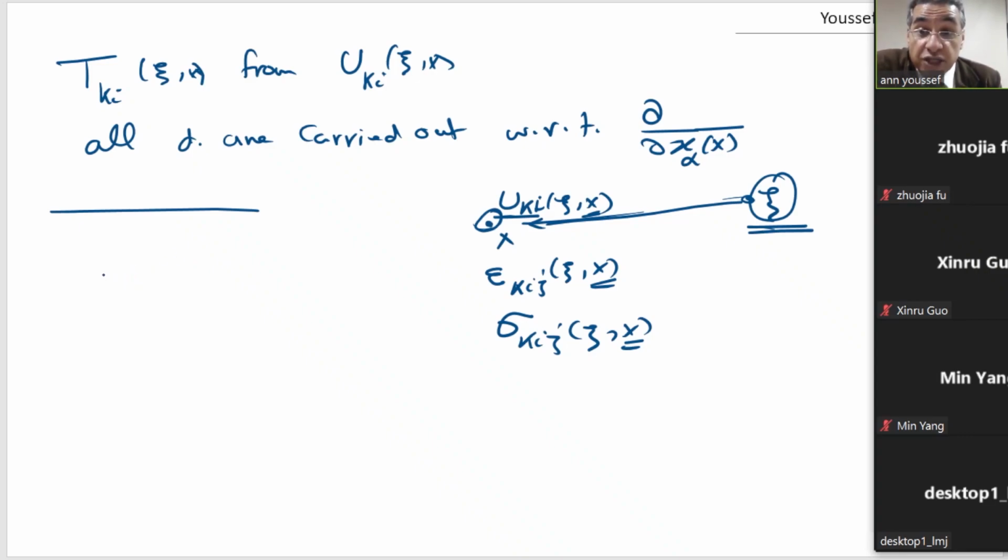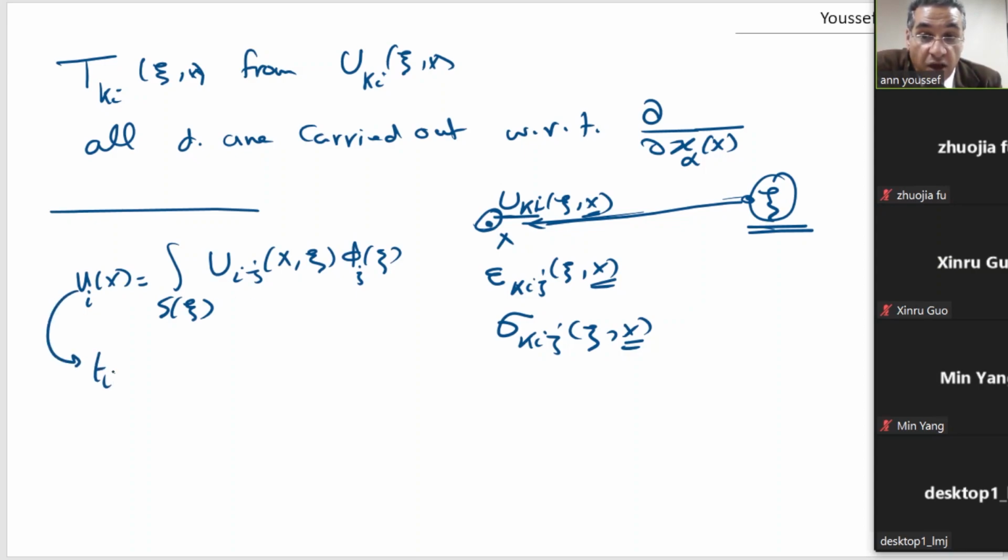Because in the indirect formulation, we say, for example, u_i of x equals the integral of s of xi, U_ij of x and xi, phi_j of xi. Here I want to compute t_i of x, so the variable is the point x. So, as we said before, we carry out the derivative with respect to the coordinate of the x point to compute the integral equation for the x point.